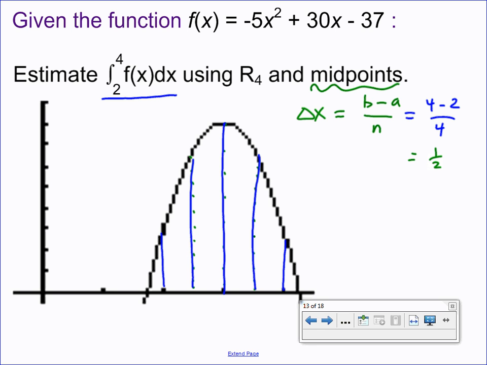And we're going to get the height of each rectangle by getting the midpoint. So we need to go in the middle of each subinterval and then go up to the function value.